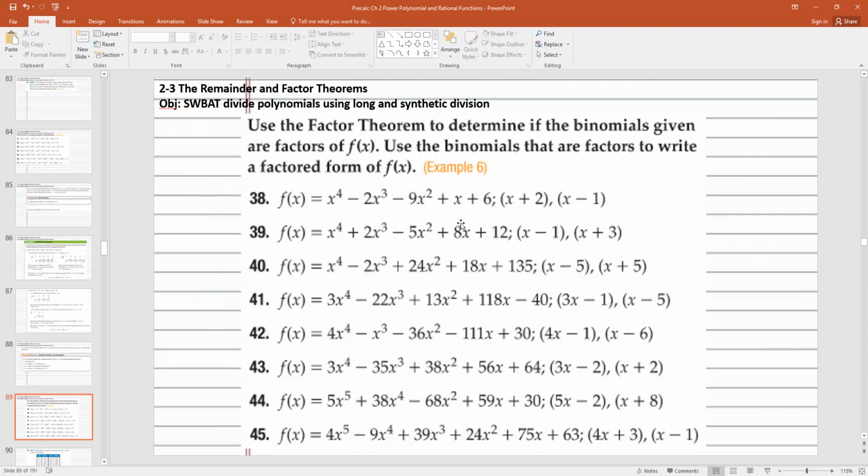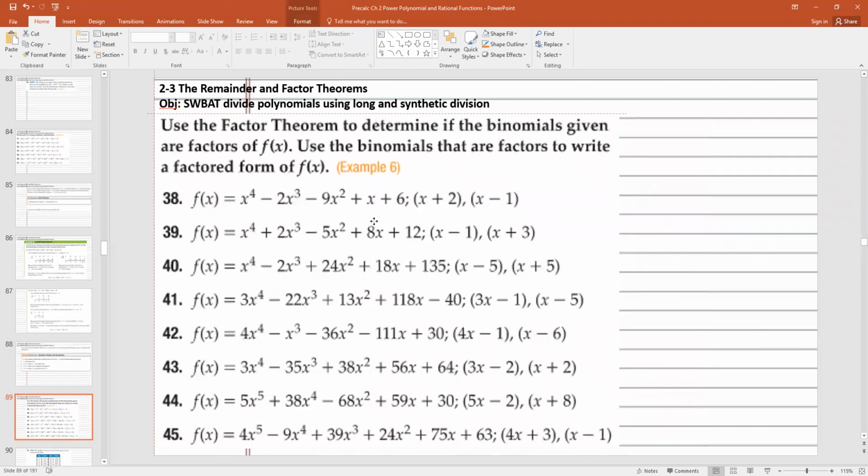If you want to try 38, feel free to. I'm not going to ask you to though. So let's look at 39. Oh, sorry. If you want to try 39, feel free to. That way you can check the book, see if you get the answer. All right, I'll do 38.